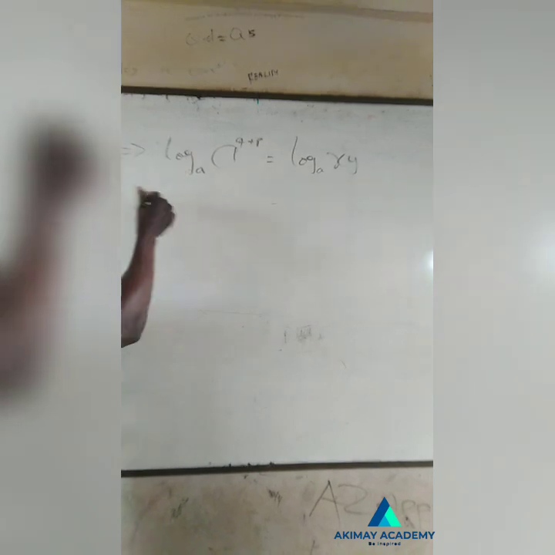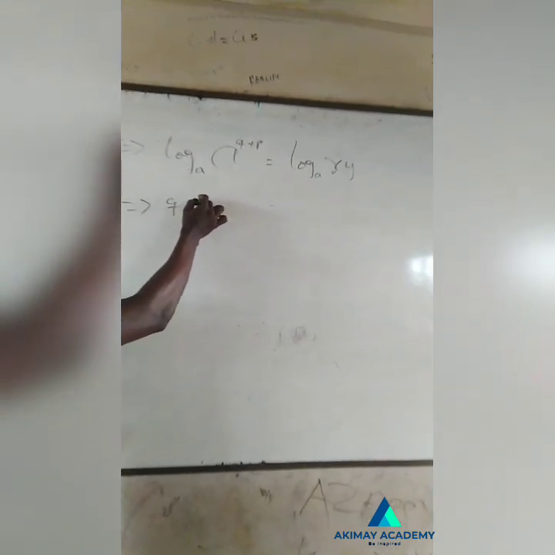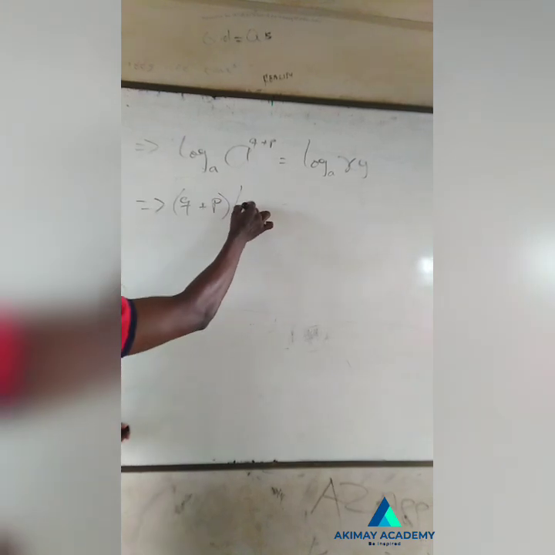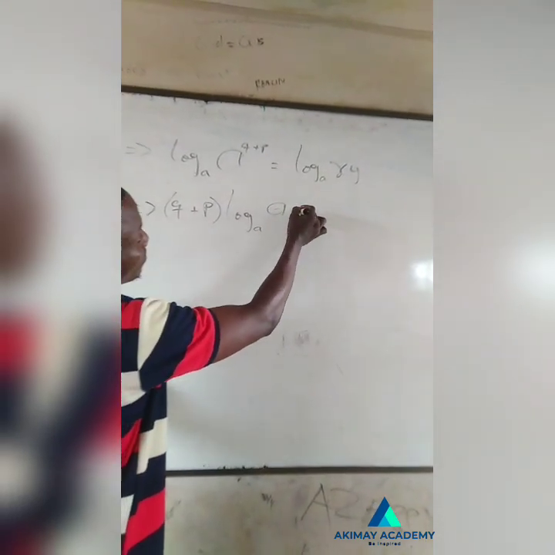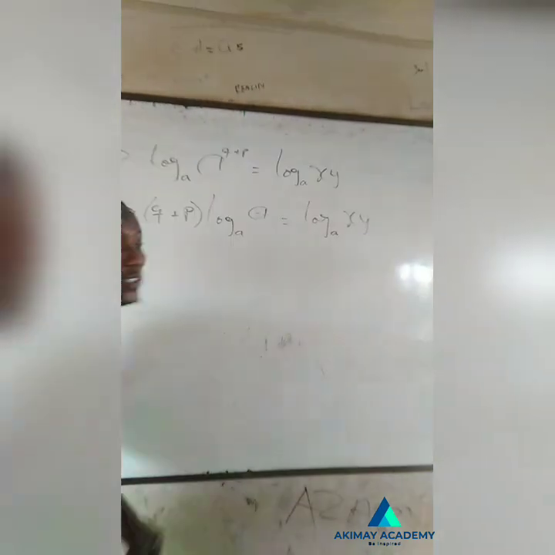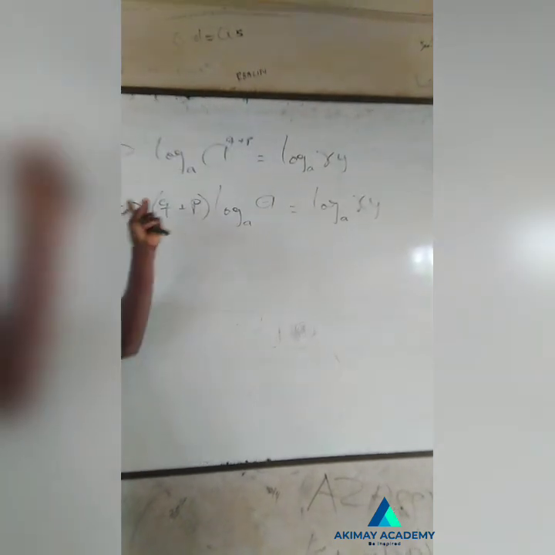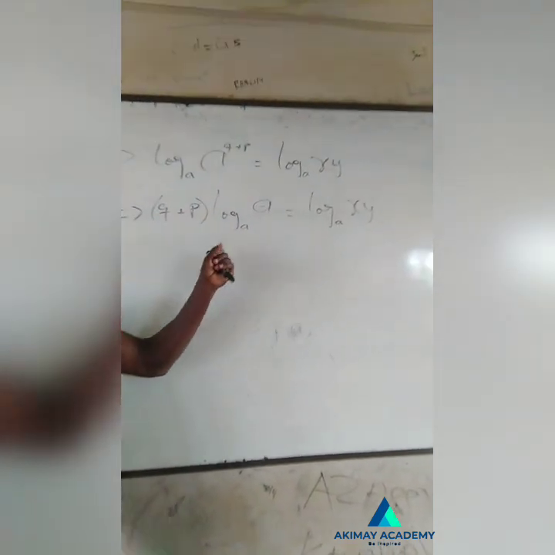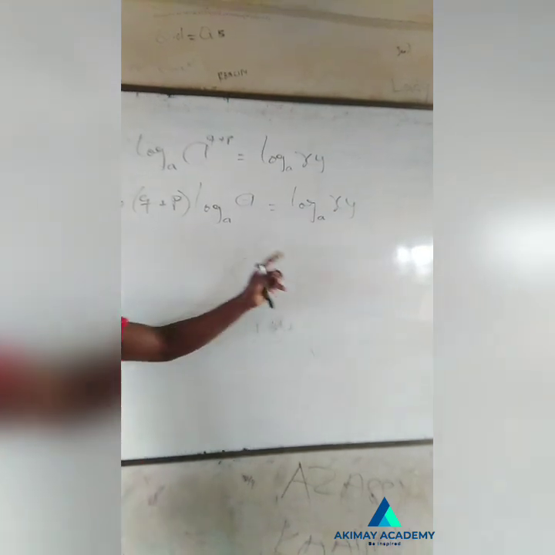At this point, q plus p goes to the back because it is an exponent, so we send it to the front of the log to multiply it, and this will be equal to log xy to the base a.